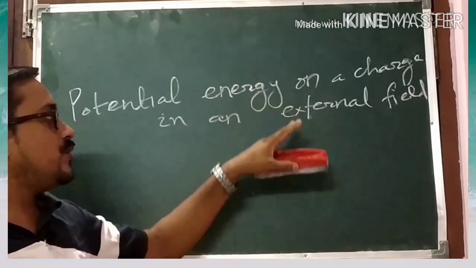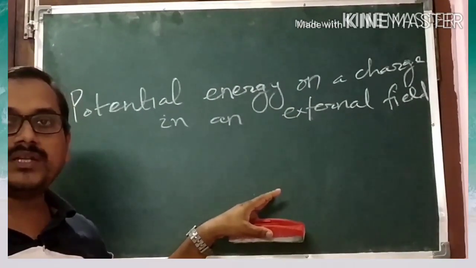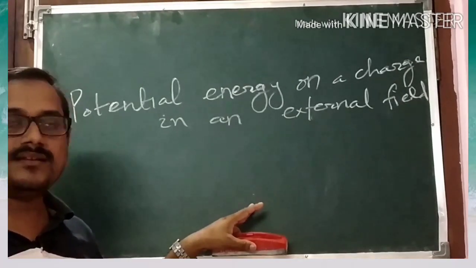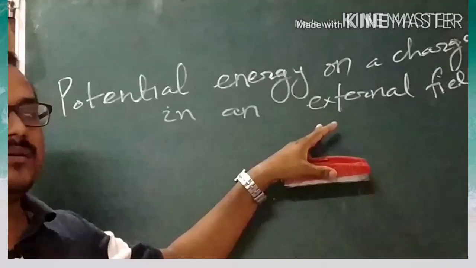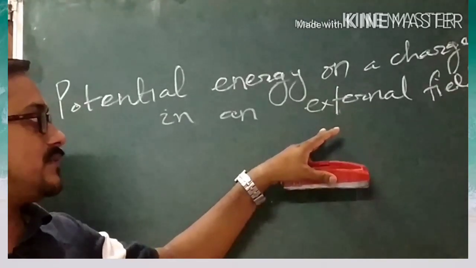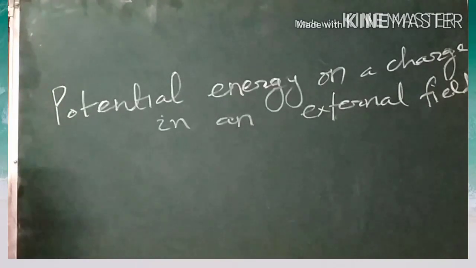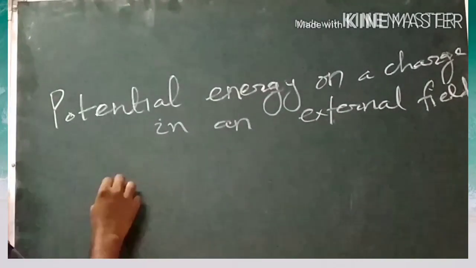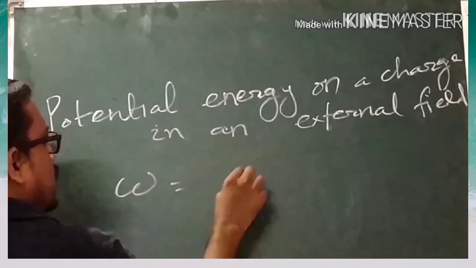As we know, the amount of work done in bringing a charge from infinity to a particular location represents the potential. Here we are calculating the same work done, but in this case there must be an external field. So the work done will be equal to Q1 times the potential V(R1).